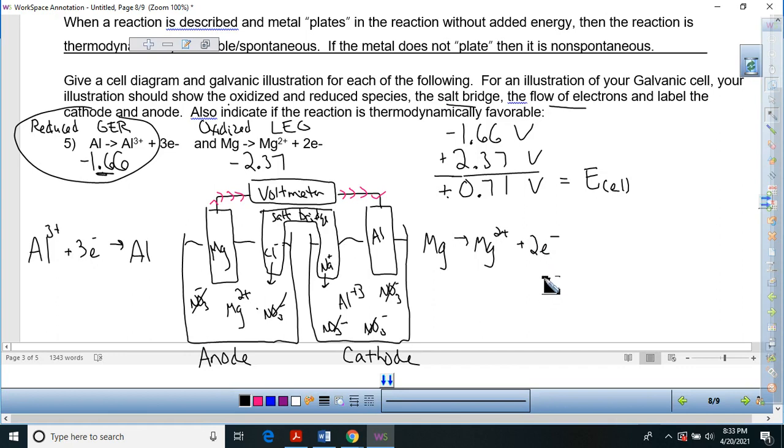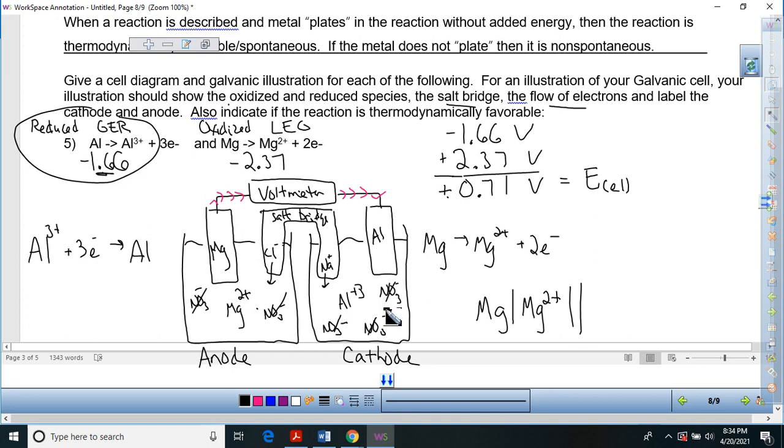Now if we're going to do a diagram, so this is an illustration. For our diagram, we want to do the same process. We want to show the anode side and the cathode side. And so the magnesium is the anode side. So on the anode, magnesium loses electrons to form magnesium 2 plus. The electrons flow from the anode side to the cathode side.